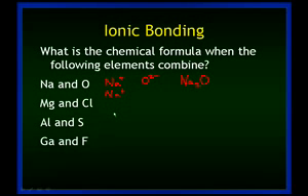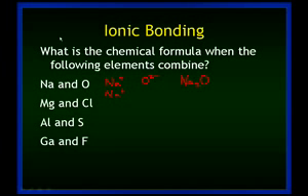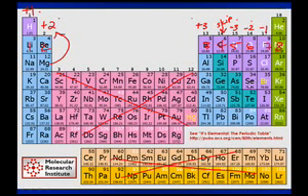If I do the same for magnesium, if you look back at your periodic table here, magnesium has a +2 charge. So I have Mg2+. And then the chlorine, if you go back, look at chlorine. Here's chlorine. Chlorine is in the -1 column.